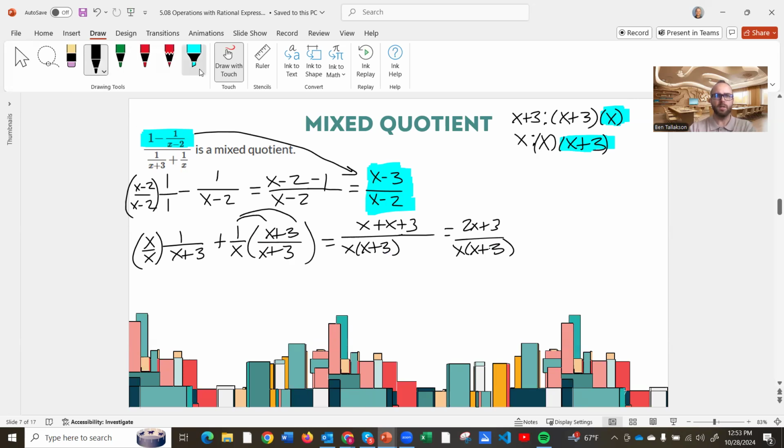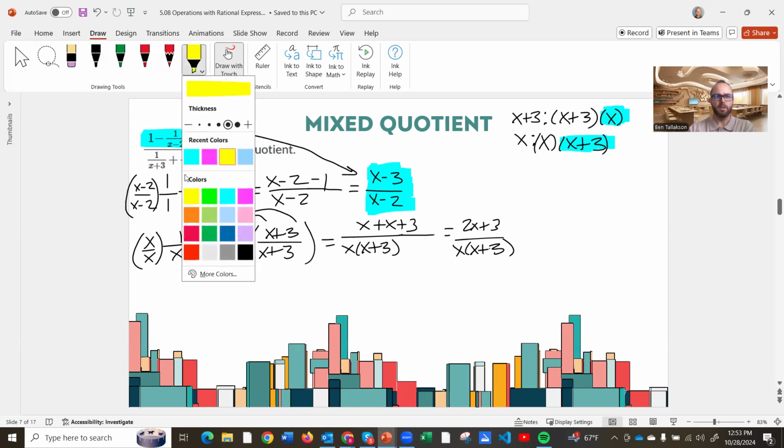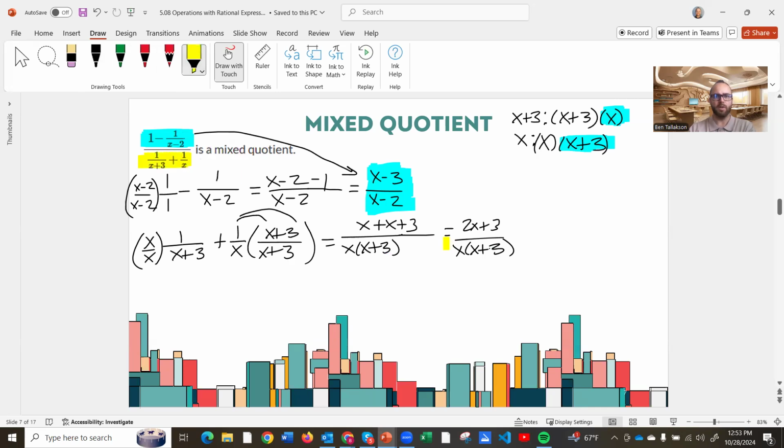Okay, we took this fraction and we changed it. We simplified it. Actually, we didn't really simplify yet. I mean, it does look simpler, but technically we added them together.